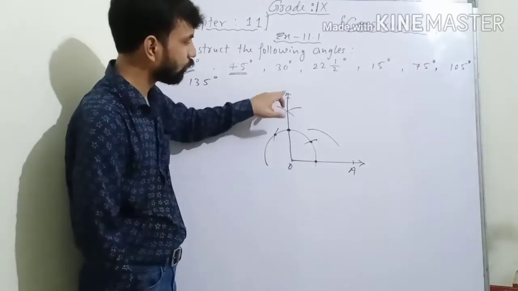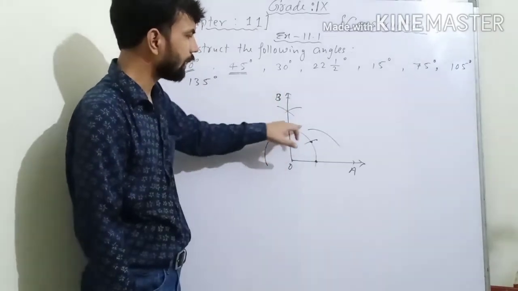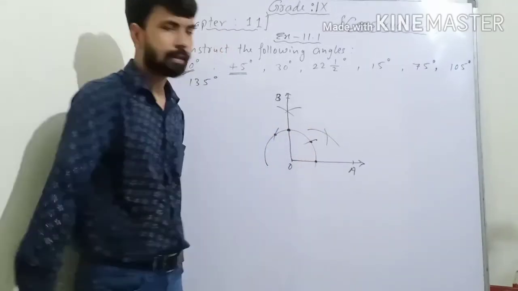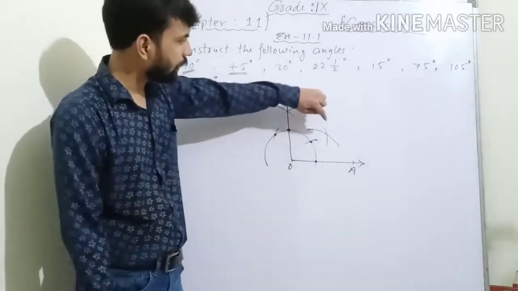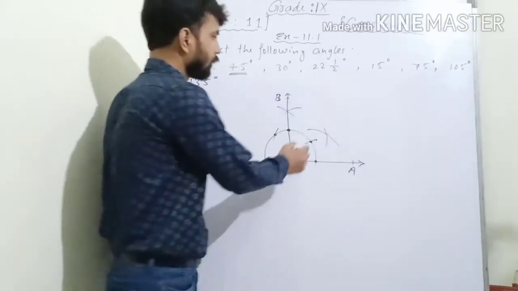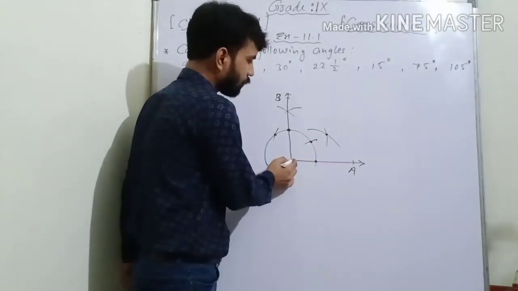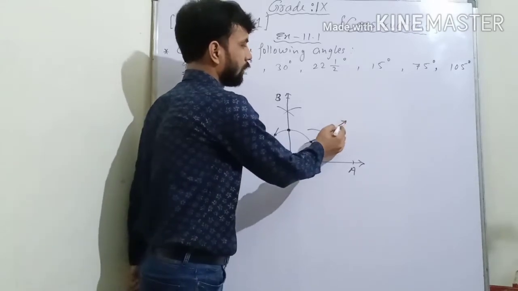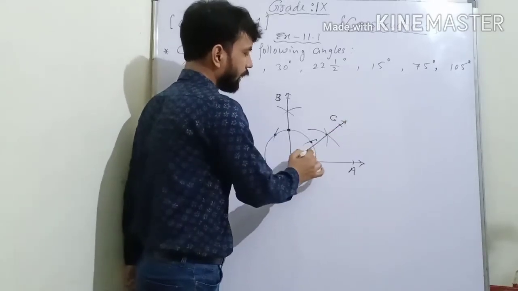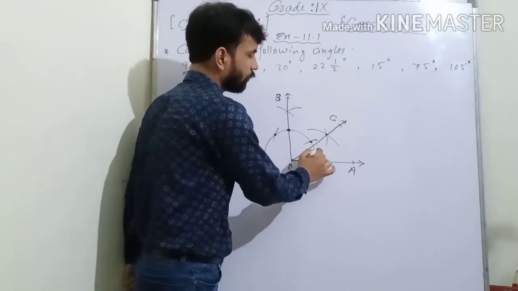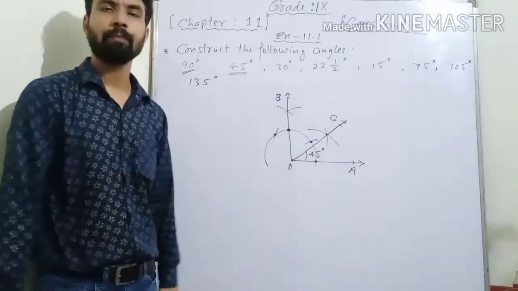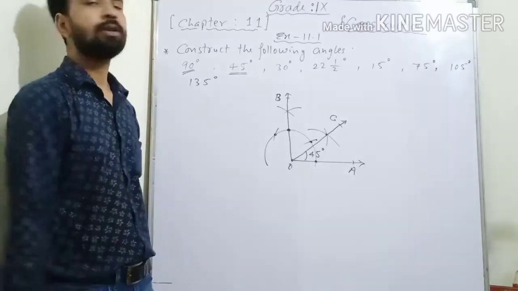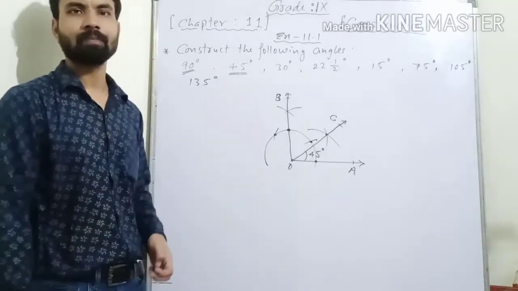Construct an arc like this. Where these 2 arcs intersect each other, we will join this point and this point with the help of scale. Consider this point is C, then this angle is of 45 degree. Clear? Any confusion? Good. So pause the video and construct this.